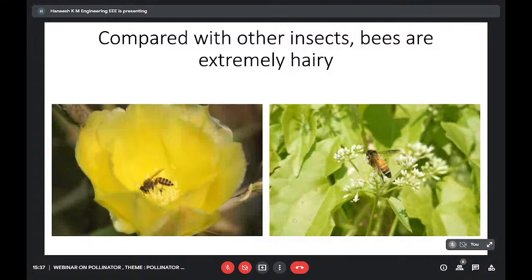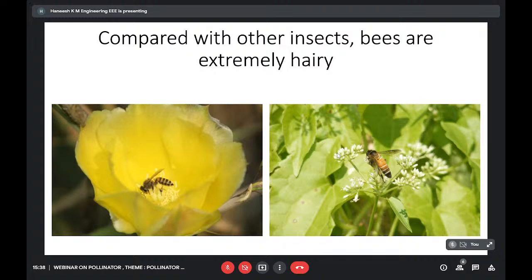Basically there are different types of bees, and they look for different types of flowers. One of the main advantages of bees is that they have a comparatively hairy body, so their legs and body are more hairy.